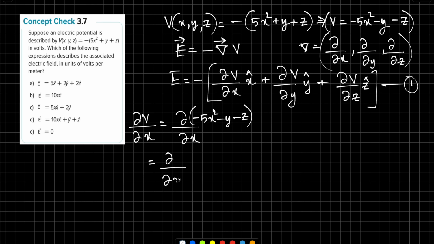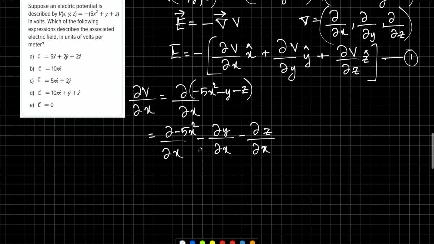So ∂/∂x of minus 5x², minus ∂/∂x of y, minus ∂/∂x of z.